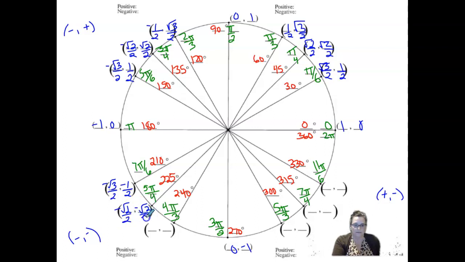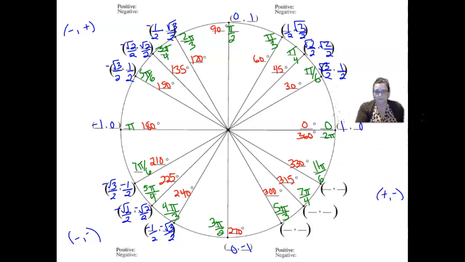And then for 4 pi over 3, we're referencing pi over 3, so negative 1/2 and negative root 3 over 2. Then in quadrant 4, the x is positive, the y is negative.